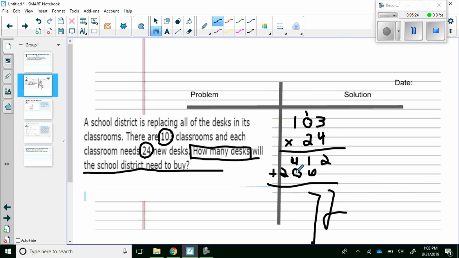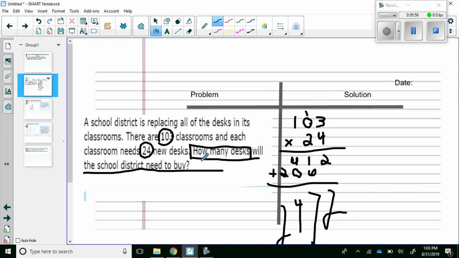And 4 plus 0 is 4. And then 0 plus 2 is 2. So now I have 2,472. That is my answer.